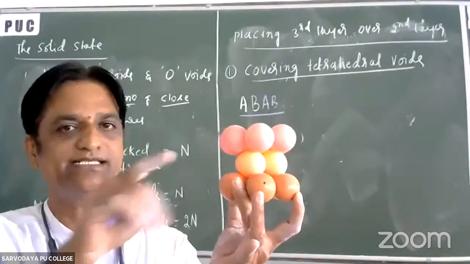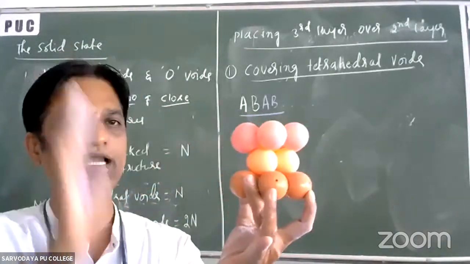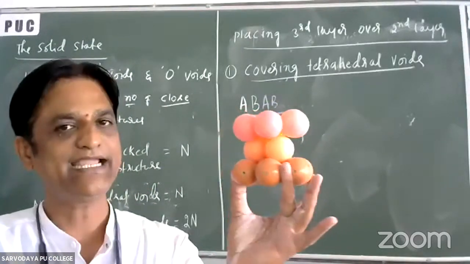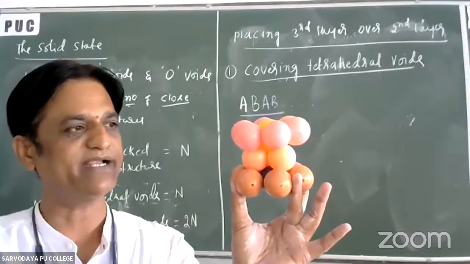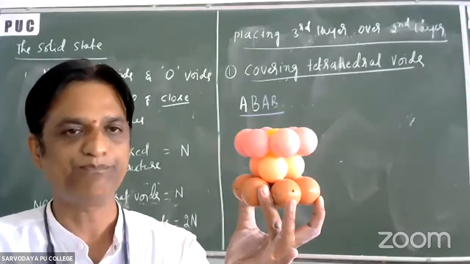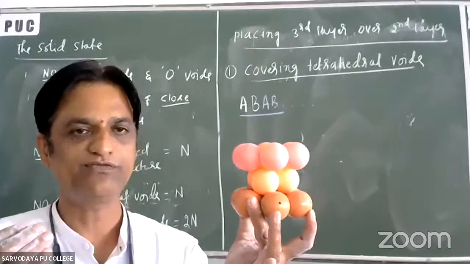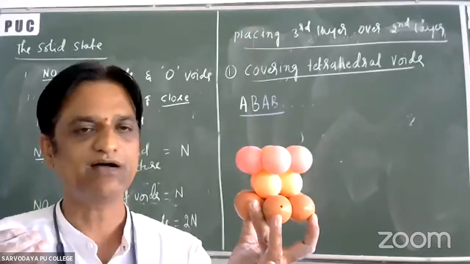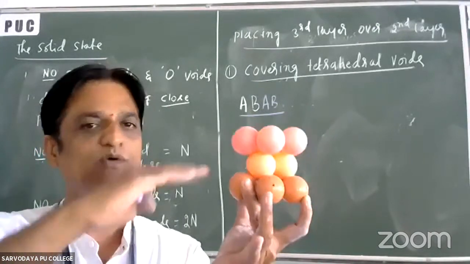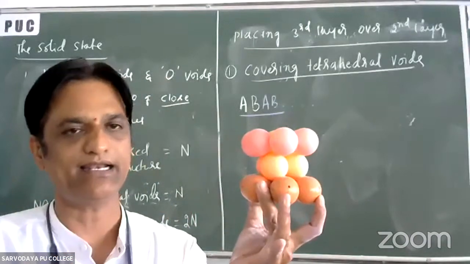So here in this case, tetrahedral voids are covered, and this type of three-dimensional arrangement is possible due to the arrangement of layers of hexagonal close packed structure one above the other in an ABAB pattern.